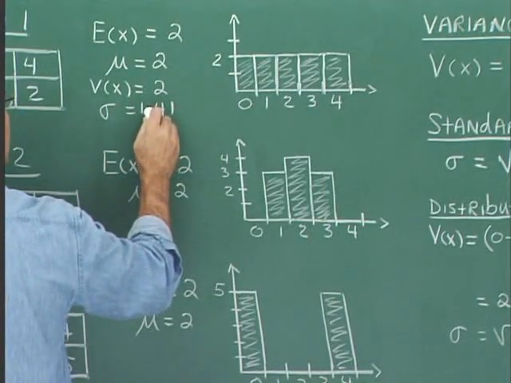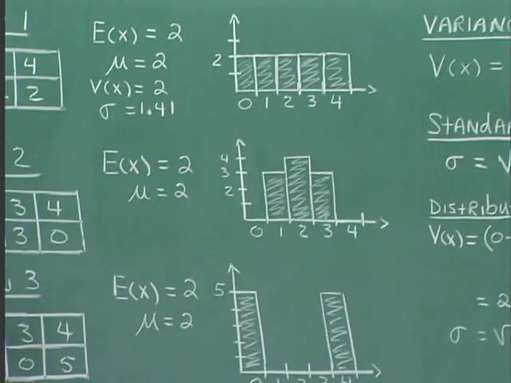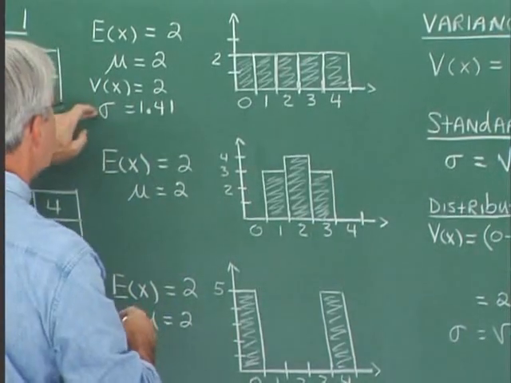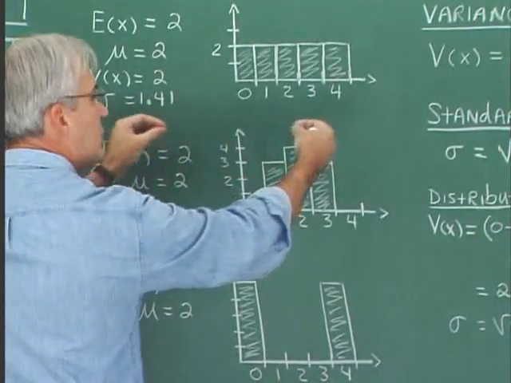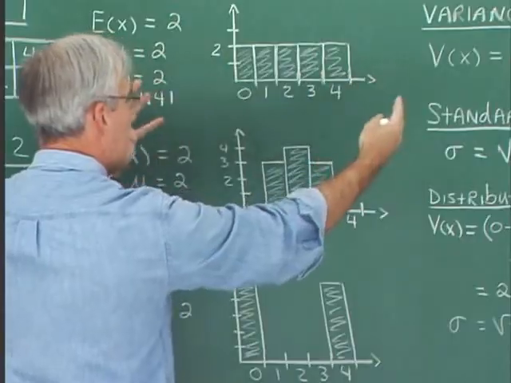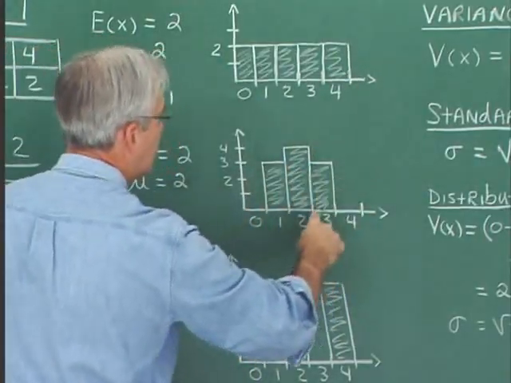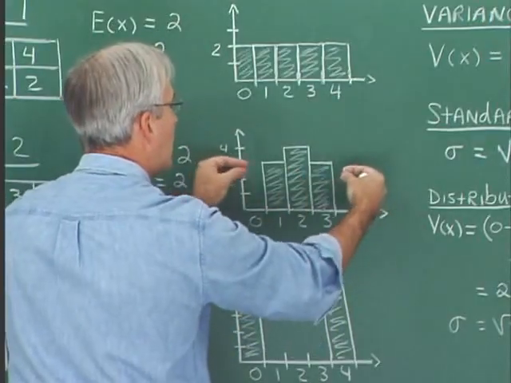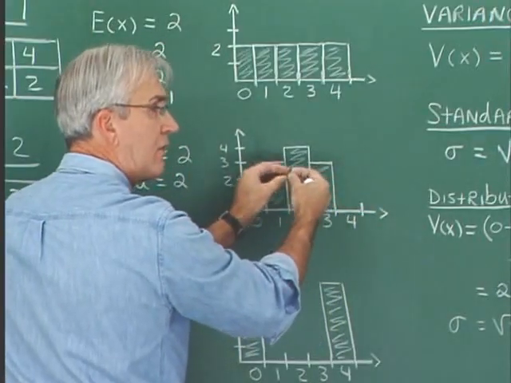Now, we might think about what we would expect for these other distributions. If we understand that variance and standard deviation are measures of the dispersion or the spread of the information, then the data is not as spread out here, so we would expect a smaller number for the variance and the standard deviation.